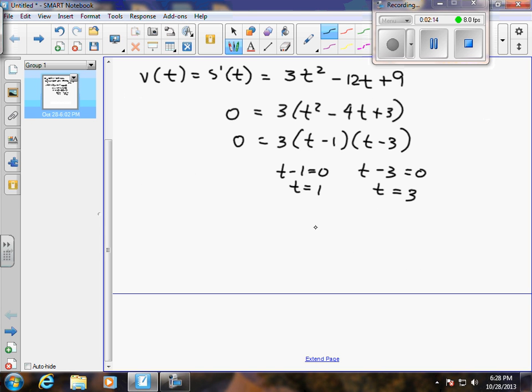So our time, t greater than or equal to 0, is divided up into 3 intervals. We have something happening from 0 to 1, something happening from 1 to 3, and something else from 3 to infinity.